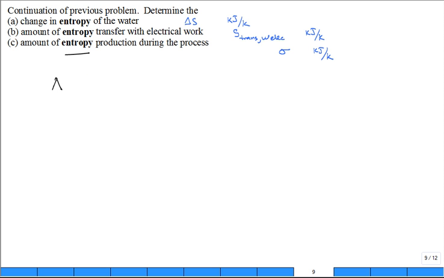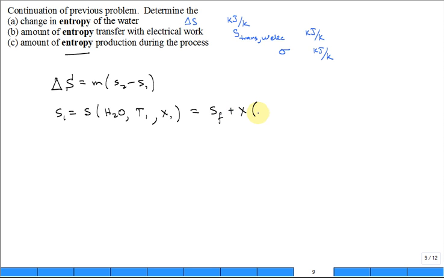So the change in cap S is equal to m times S2 minus S1. Can I get S1? That's the entropy of water, knowing T1 and x1. Is that true? That temperature and quality fix the state. How did I do that? S_f plus quality times (S_g minus S_f). True? That equation sure does look like the equation for u.